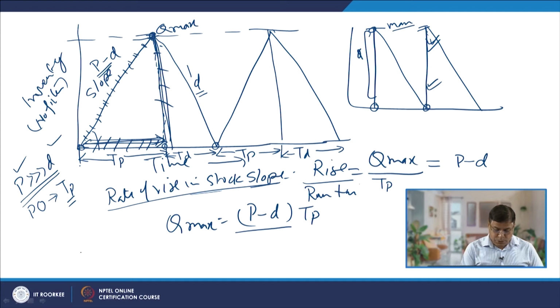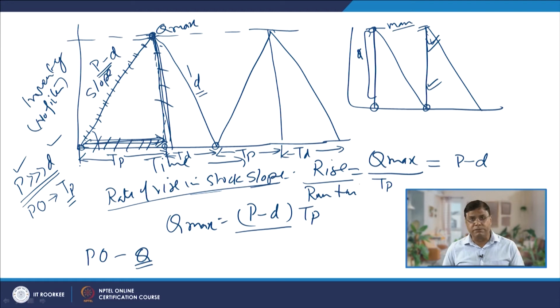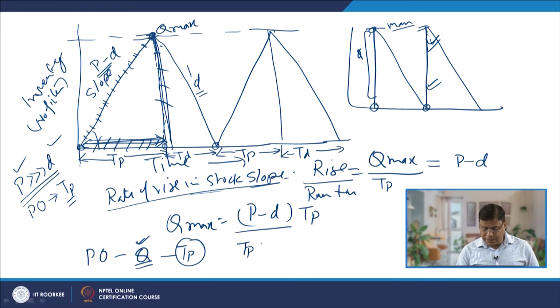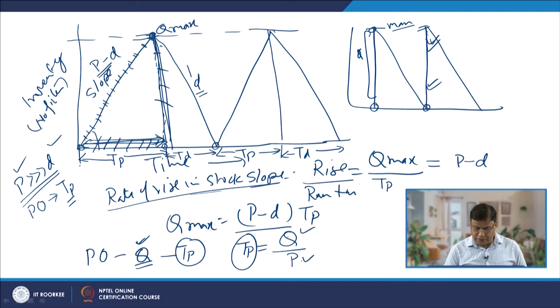Now, since we place the order for the quantity Q, the PO was placed for supply of the items in Q quantity, and it took TP time to replenish, to fulfill that order. So, TP we can determine as the time to produce the quantity Q at the rate of P.